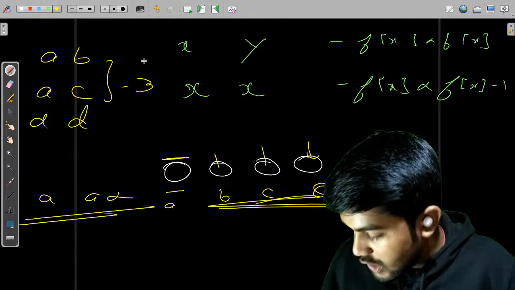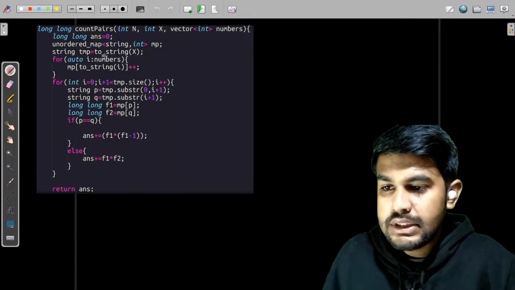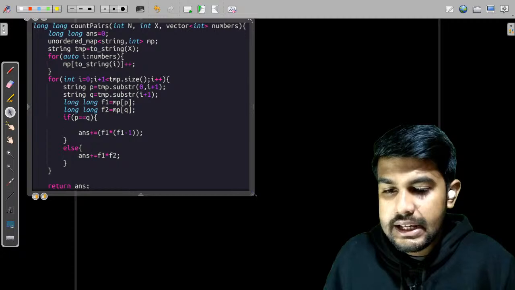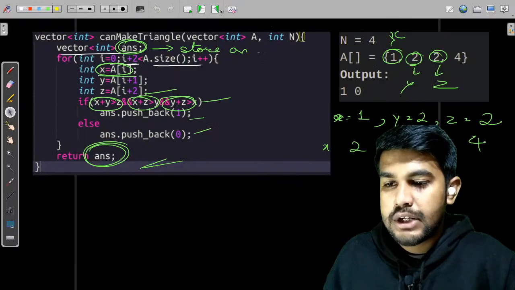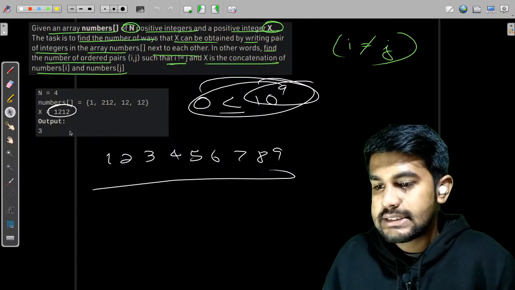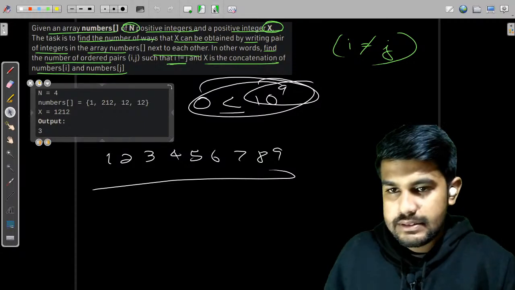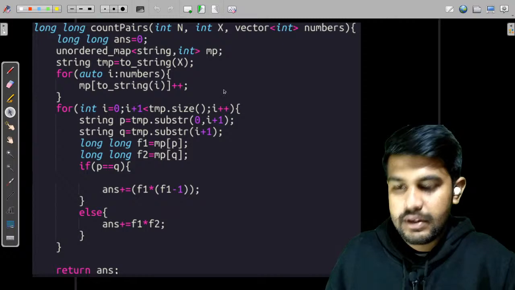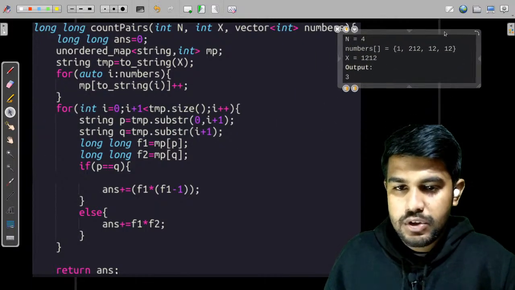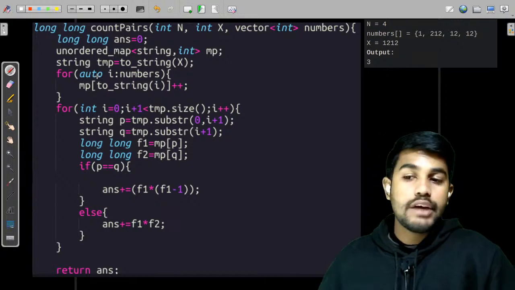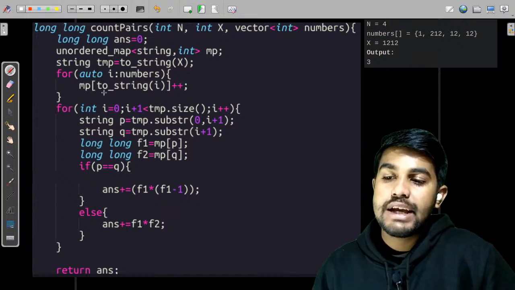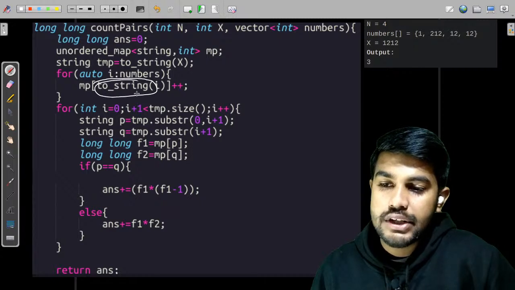Okay, thanks a lot. Let me just move to the code editor, and this would be more clear. Fair enough. So let me just copy the test cases. Okay. So here what we are doing: first, we are hashing everything after converting to string.